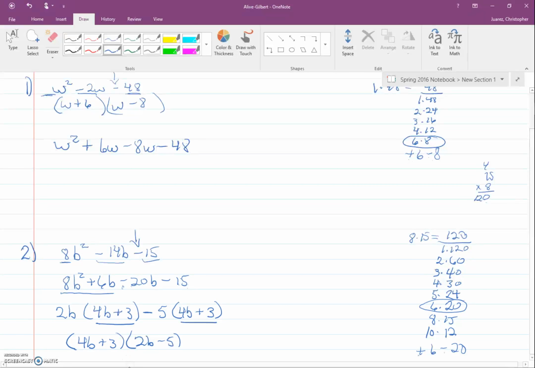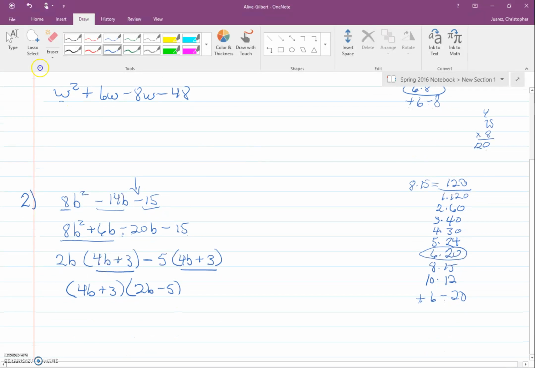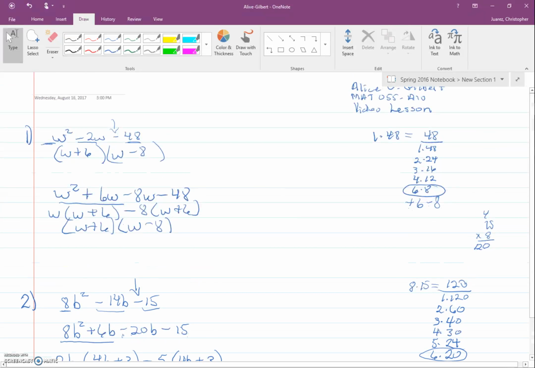Now factor by grouping. And I can get a w out of this guy, so that's w plus 6, factor a negative 8 out, that gives me w plus 6, and then factor my greatest common factor out, and what's left. Now, did I end up with the same answer? Yes, I did. However, look how many more steps it took.